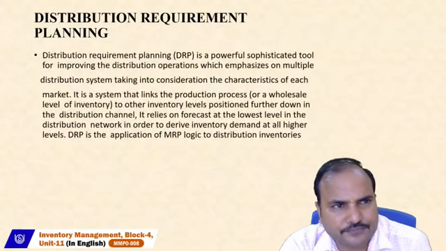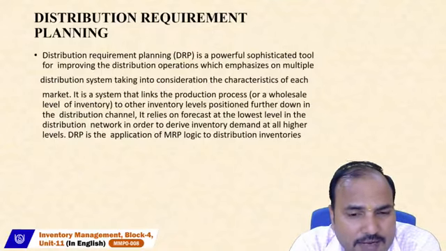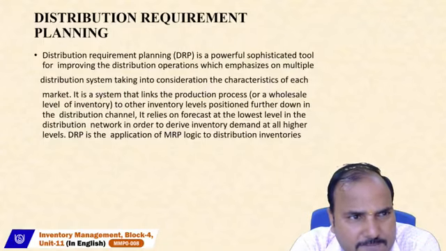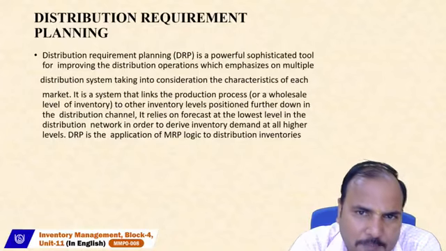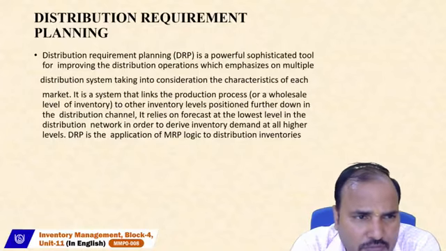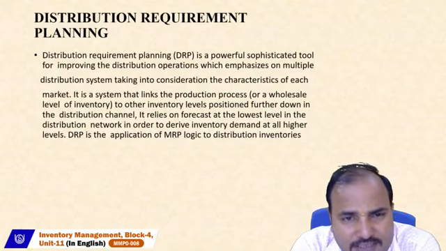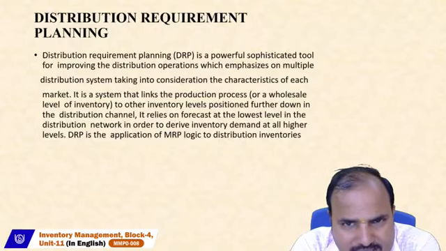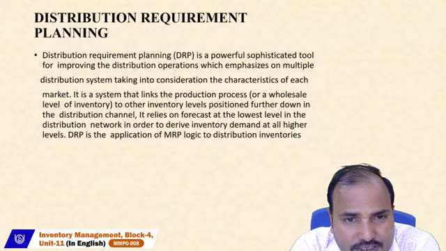Now, let us know what distribution requirement planning is. Distribution requirement planning is a powerful, sophisticated tool for improving distribution operations, which emphasizes multiple distribution systems, taking into consideration the characteristics of each market.